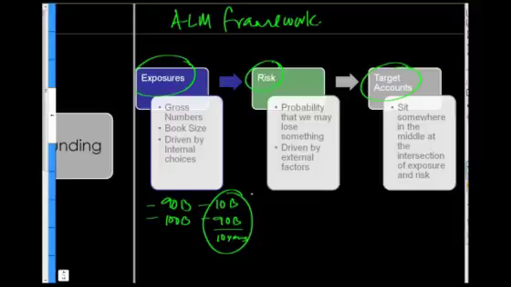Once we have exposures, a breakdown of assets and liabilities and maturities across products and choices and allocations, the next question we ask is, given these exposures, so given these numbers that we've just marked out here, what is the probability, what is the chance that we may actually suffer a loss of capital?